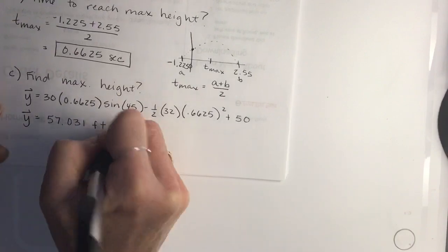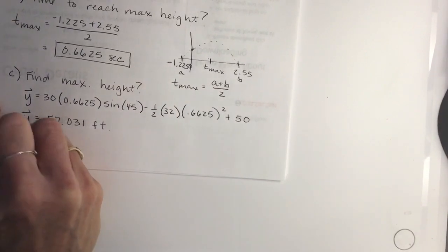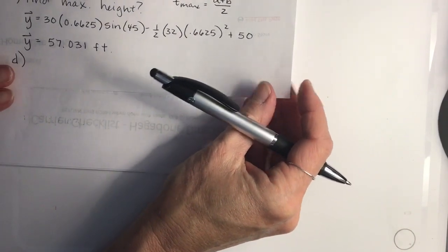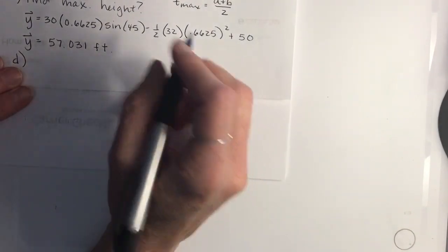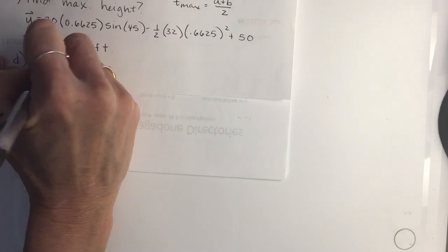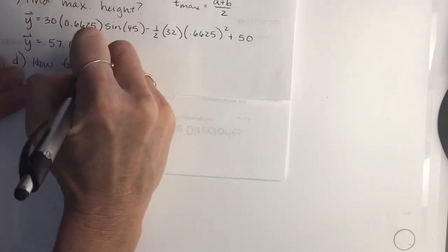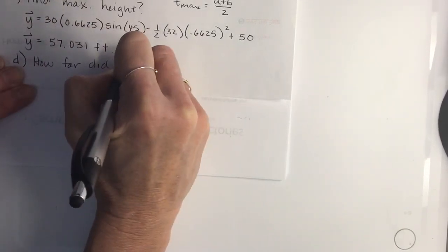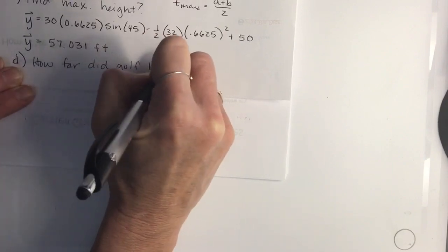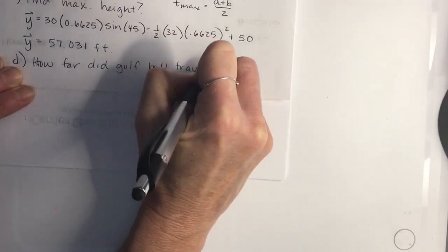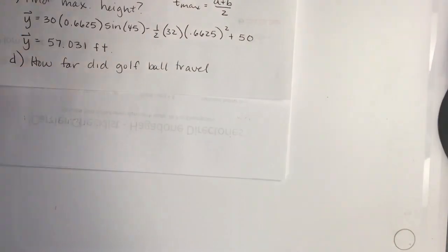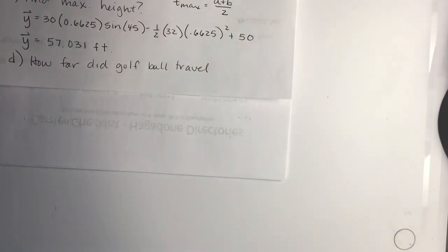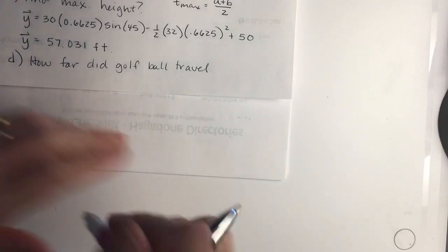Okay, and then the last question: how far did Mr. Merrill hit the golf ball? How far did the golf ball travel? They may ask you what the range is on the homework. They mean the same thing. This is the x distance.